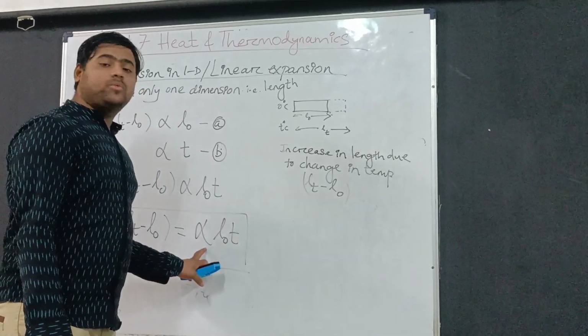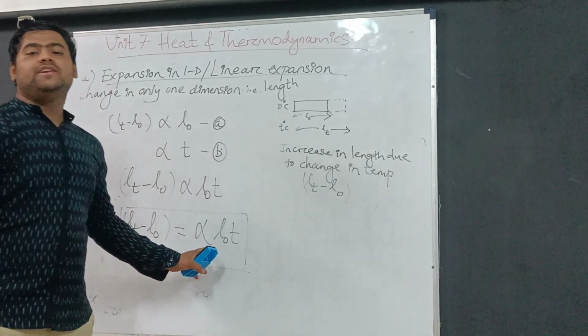Here, alpha is the constant of proportionality known as the coefficient of linear expansion.